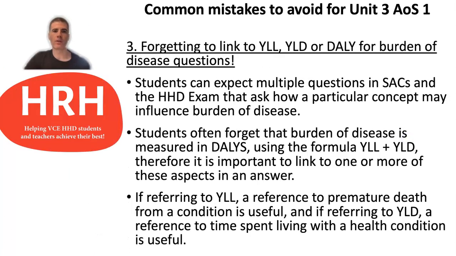So this video is focusing on another common mistake to avoid for Unit 3 AoS Study 1, and that is forgetting to link to either YLL, YLD or DALY when a question asks about burden of disease.